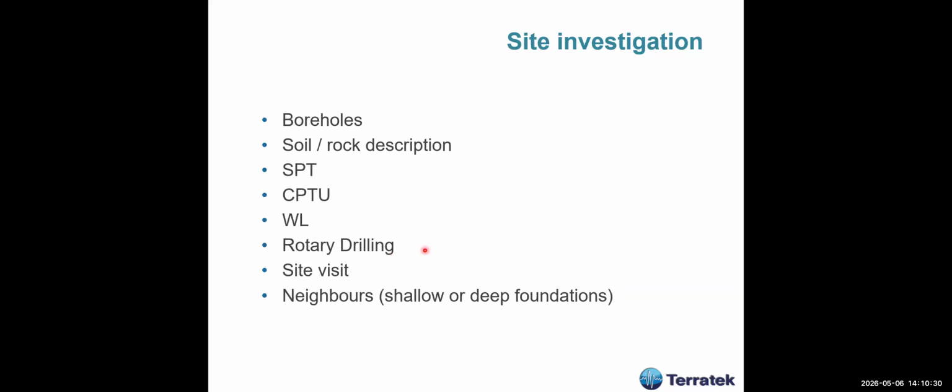And sometimes, if you have rock, you have to go into the rock a little bit just to make sure of the quality of the rock. Then you have to use rotary drilling. A site visit is absolutely necessary to check on the neighbors and what kind of problems you may have with them. And you have to check shallow and deep foundations in the neighbors' properties.